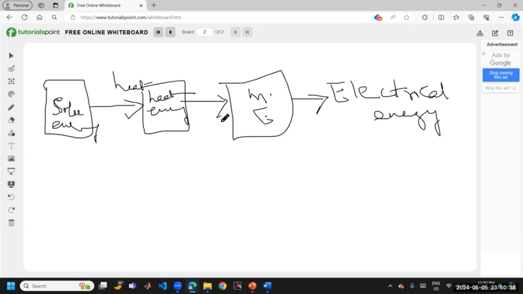So this is the indirect method: from solar energy to heat energy, then heat energy to mechanical energy to electrical energy.